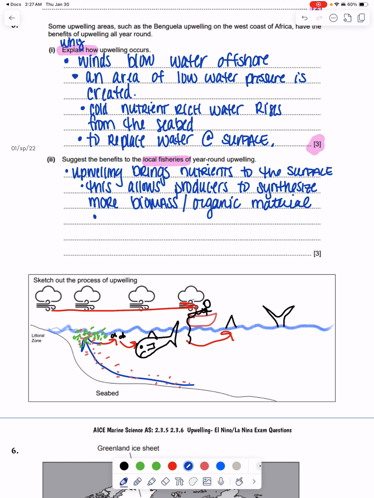Okay, and if we have more producers, again, the food chain's going to follow. So this will increase the population. You could also say this will increase the size of fish.